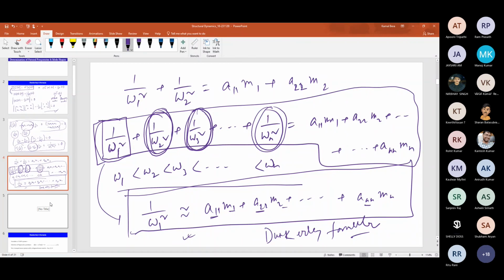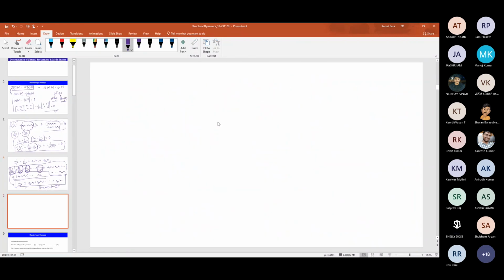Let us take an example: a 3 degrees of freedom system with masses M1, M2, M3. I am purposefully marking this M1, M2, M3 because for the next method it will be helpful to have the first mass as this one.